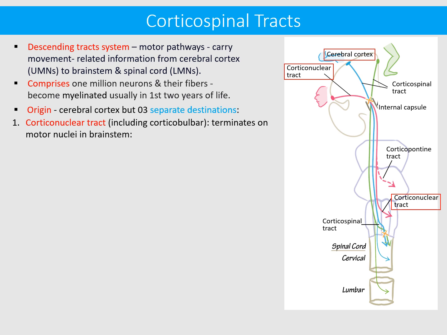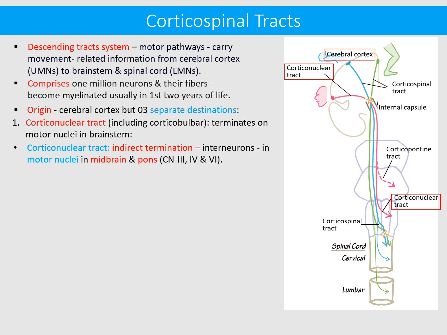These fibers terminate on the motor nuclei in the brainstem and are divided into two parts as regards their mode of termination. First subgroup is corticonuclear tract, in which the fibers terminate on the motor nuclei of the cranial nerves third, fourth, and sixth in the midbrain and pons through interneurons. Hence, their termination is indirect.